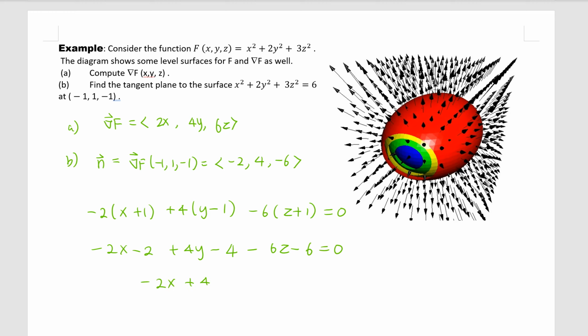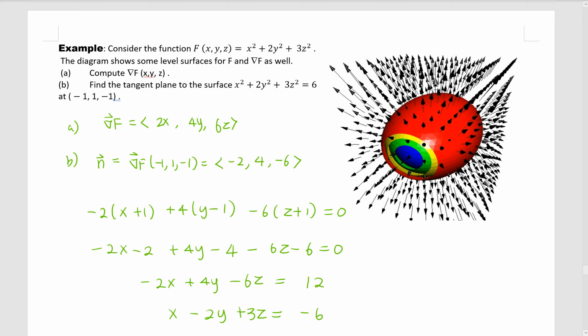So let's group the variables on the left-hand side and move the constant to the right. 2, 4, 6, 12. -12 moves to the other side and becomes 12. Oh, can you see every term has a factor of 2? We can simplify it. And sometimes people like to make the coefficient of x positive, so let's divide by -2. Then we have x minus 2y plus 3z equals 12 divided by -2, which becomes -6.